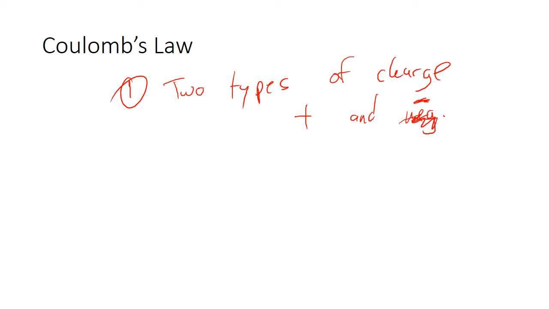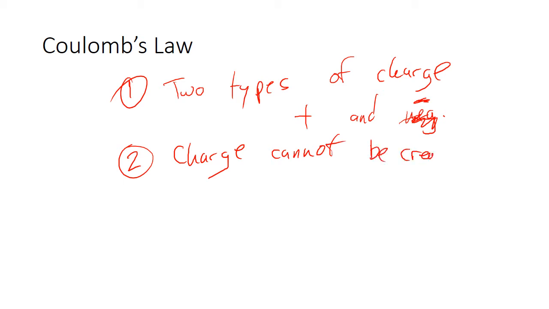Anyways, the second part is that charge cannot be created, only separated. Okay, so what do they mean by this? What they mean by this is that you can't just generate any charge by itself, okay?